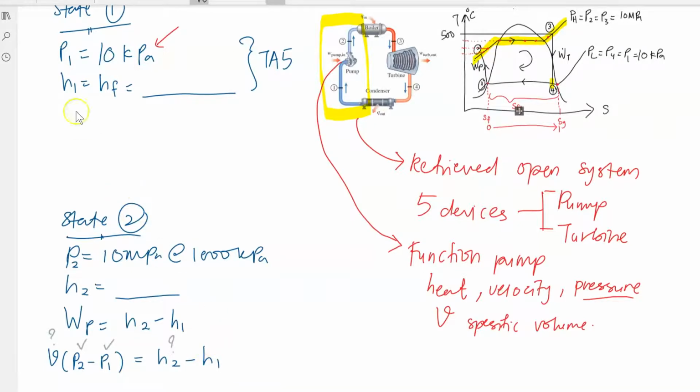If you have a look at here, your state 1 is actually saturated liquid, right? And why is it saturated liquid? Again, we go back to the function of the pump, right? For your pump to work, it has to be in fully liquid form.